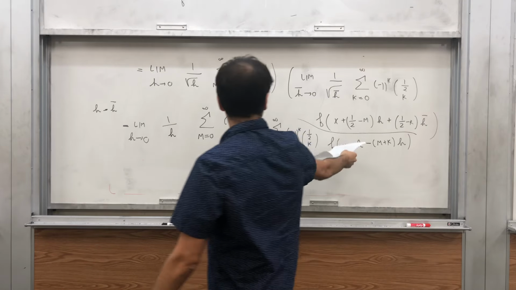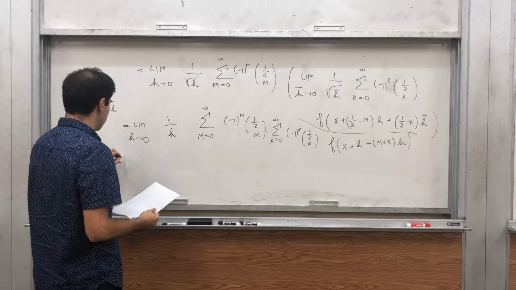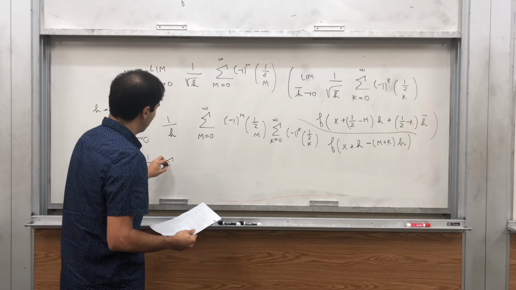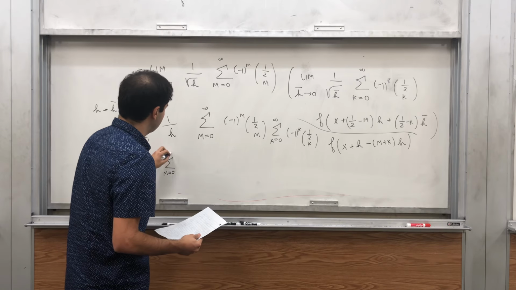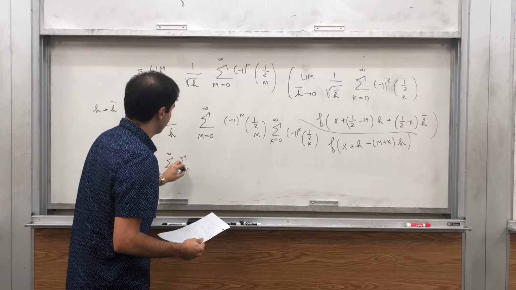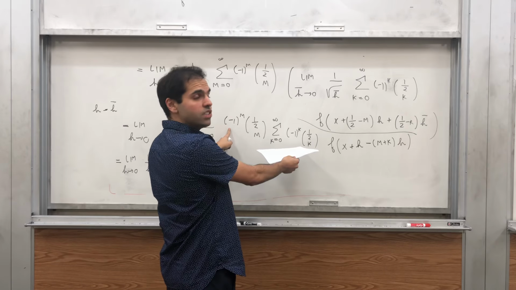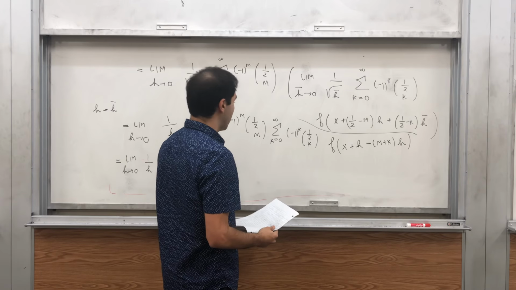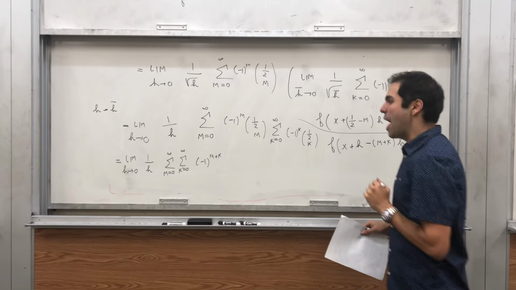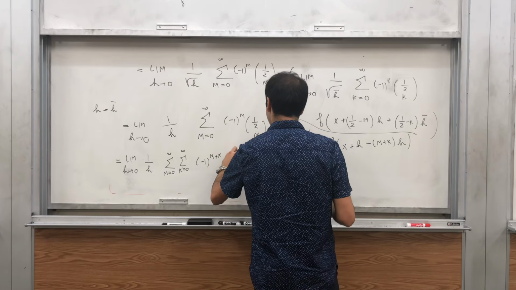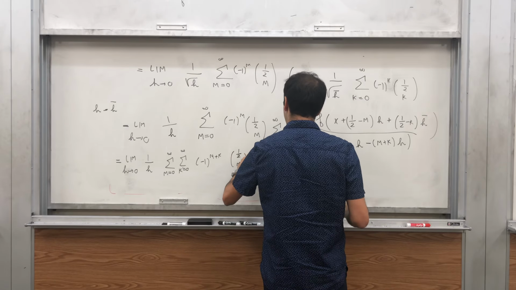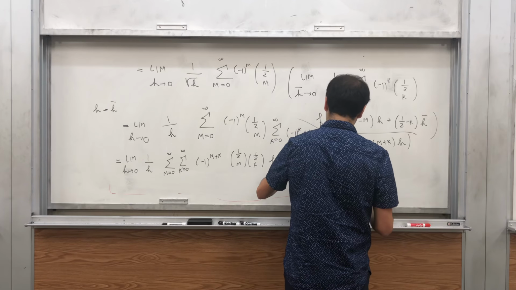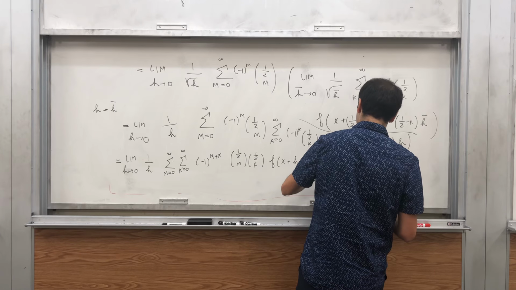And this, if we want, pull that inside and we get a double sum. So it's limit h goes to 0, 1 over h, sum m from 0 to infinity, sum k from 0 to infinity of (-1)^(m+k), (1/2 choose m), (1/2 choose k) of f of x plus h minus (m plus k) h.